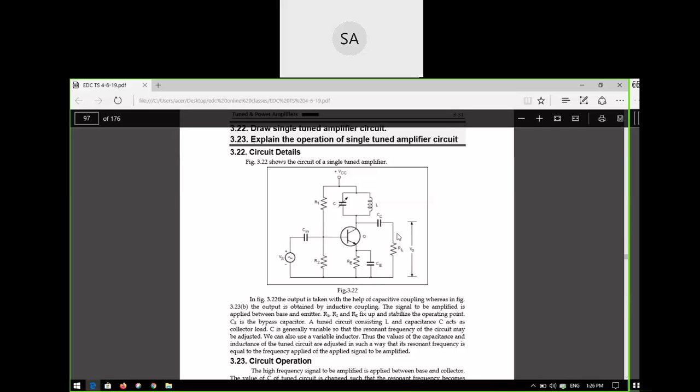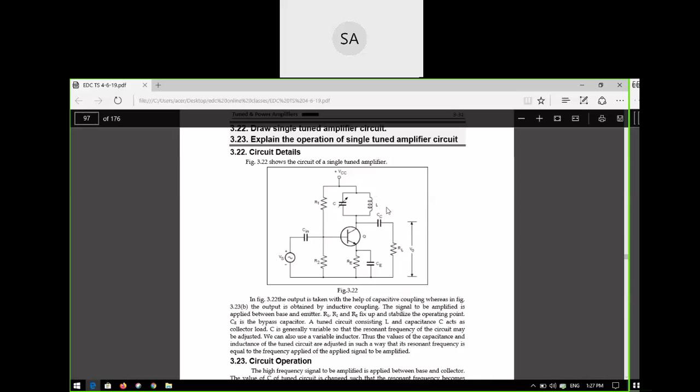The small voltage level which is given at the Vs is amplified by using the transistor, and is given at this point. What is this point? It's the collector. So this point will be given to the load. It will oscillate in the frequency range, so it has two purposes.